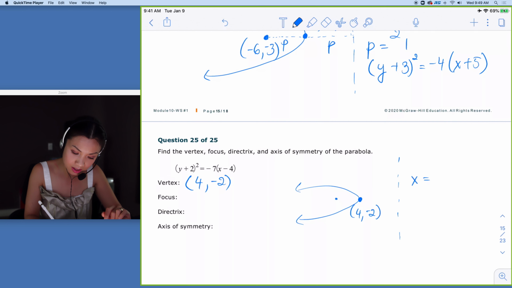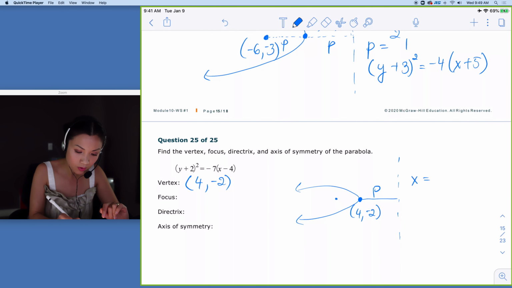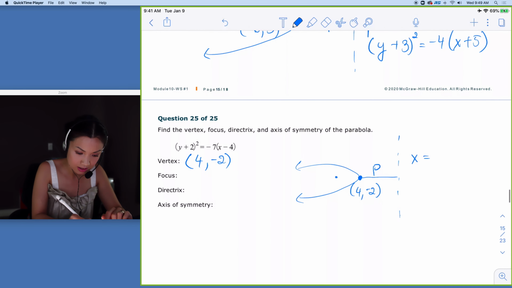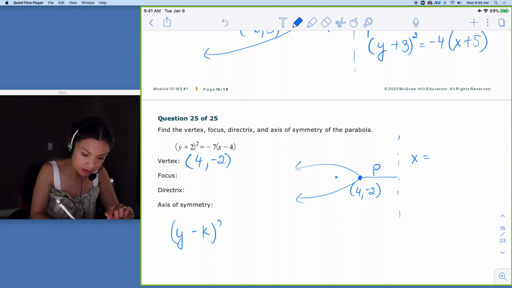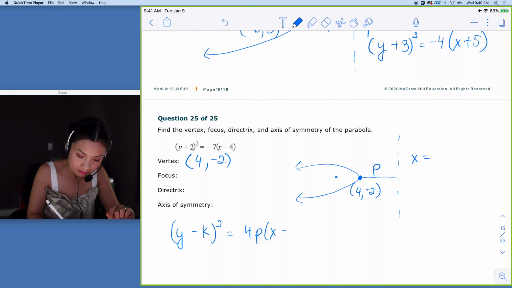So from here, how do we figure out this number right here, which is p? Don't forget that negative 7. This one. Okay. So y minus k squared equals 4p times x minus h. So that 4p in our current problem is negative 7.